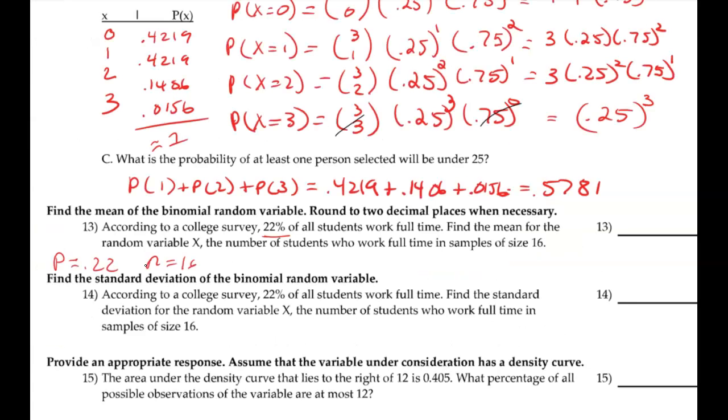And there's your standard deviation of a binomial. So we have, it's just 16 times 0.22, which makes sense. It would be 22% of the 16. So it's just about 3.52, and yes, you do leave it as a decimal.